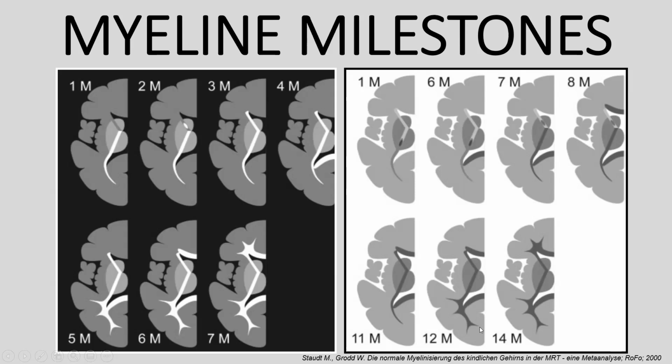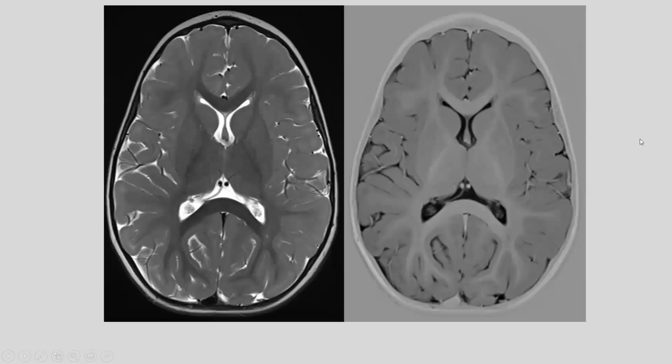Also notice that T2 lags behind. The same pattern seen on T1 weighted images in a 7-month-old child is only seen in T2 weighted images in a 14-month-old child. So look up this article, even if it's just for these very nice drawings.